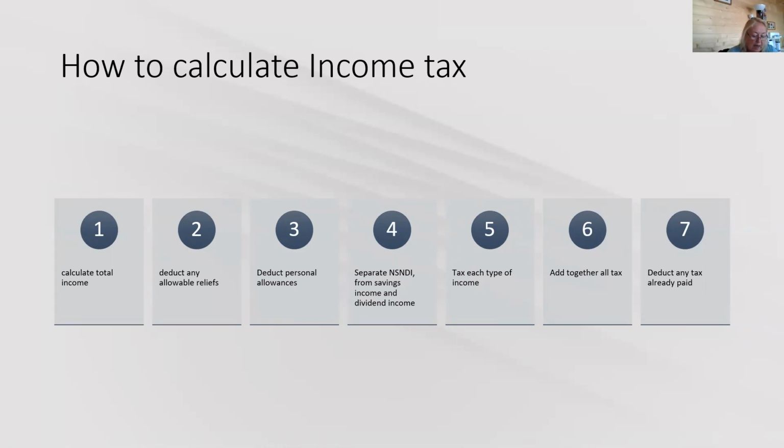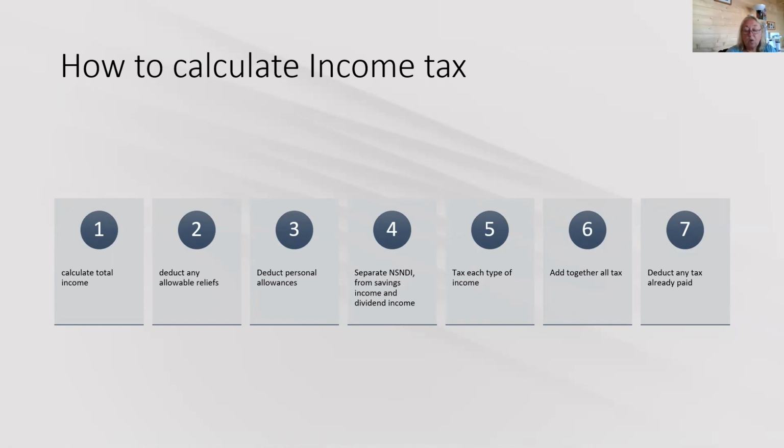Then you can take off any allowable reliefs and any personal allowances, and then you've got to separate again. Although you already added it up, you now have to separate the different sources of income into savings and dividend income, and then income from any other source. And then you tax each type of income separately. Again, a little bit more complex, but that's just what the rules are.